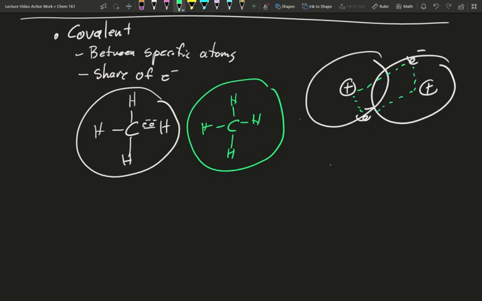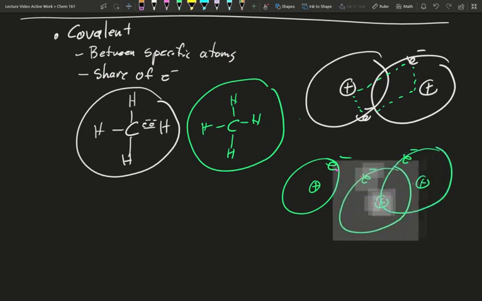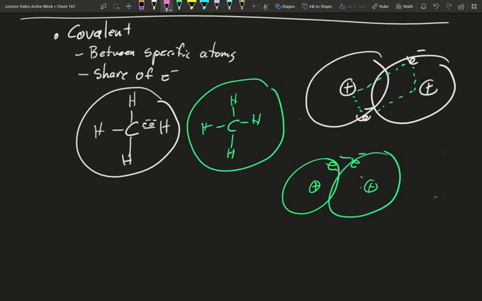The net effect of this is, well, I pull my atoms together. If they're originally quite far apart, the idea is that there's not a lot of attraction of the right proton to the left electron that's really far away. If I can get my atoms closer, then they can be more attracted. So I've moved my electrons on the same side. Let's spread them out here.